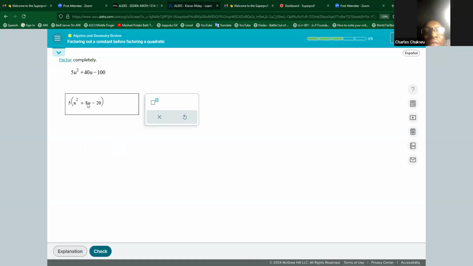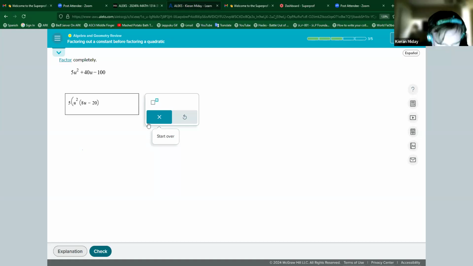Correct. So you already have your bracket settled, so you can go ahead and change it. The first bracket would have u minus 2, and the second one would have u plus 10.